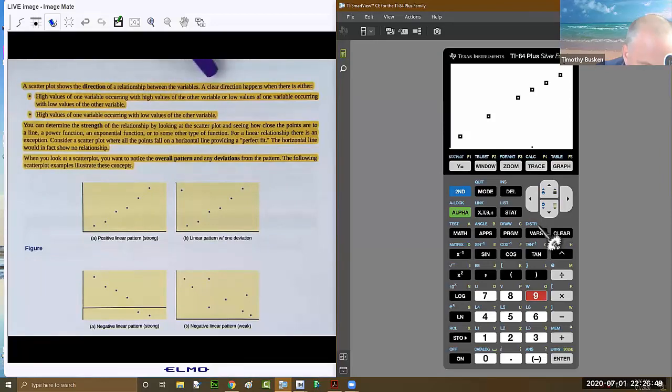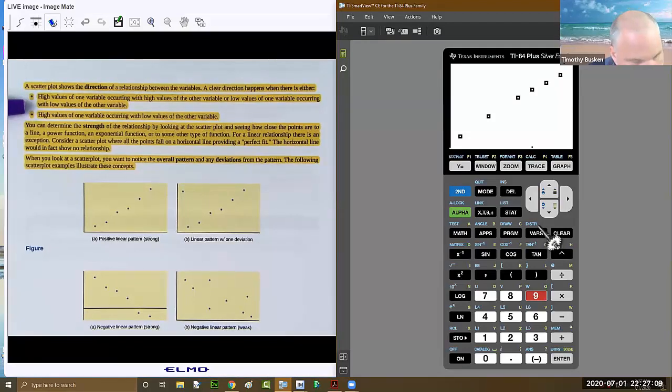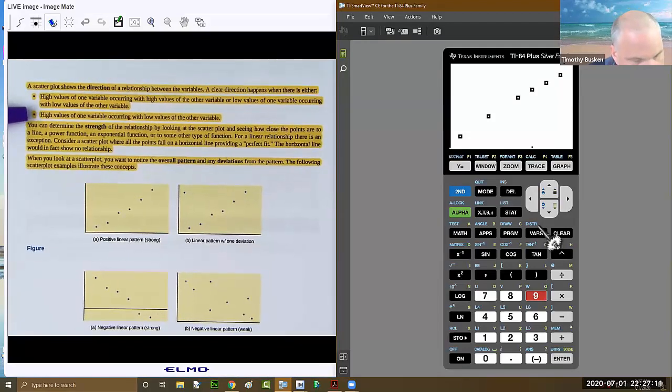A clear direction happens when either one of these two cases happens: high values of one variable occurring with high values of the other variable, or low values of one variable occurring with low values of the other variable. Alternatively, a clear direction happens when high values of one variable occur with low values of the other variable.